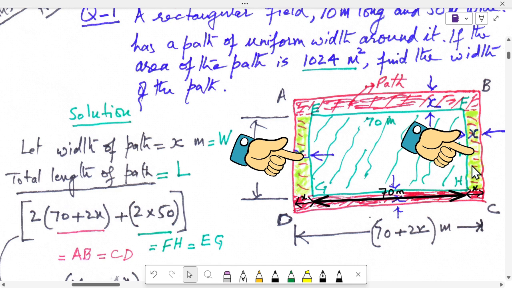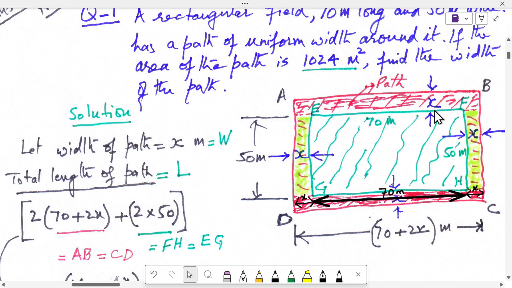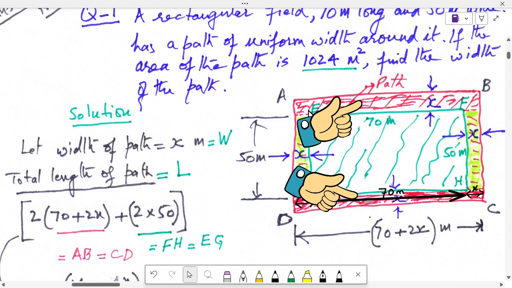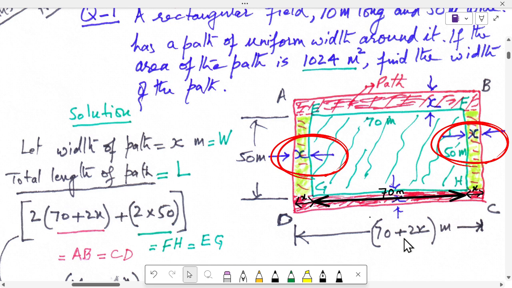So along the length of the field, including the path, the length of the total path and the field becomes 70 plus 2x meters, as is shown on the side of DC. Same is the case on the side of AB.